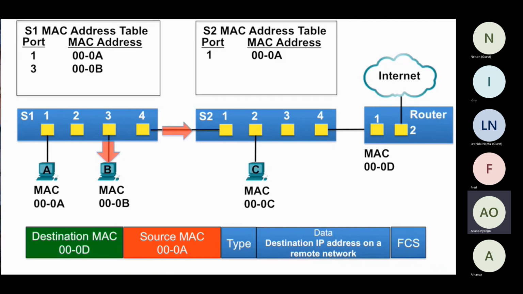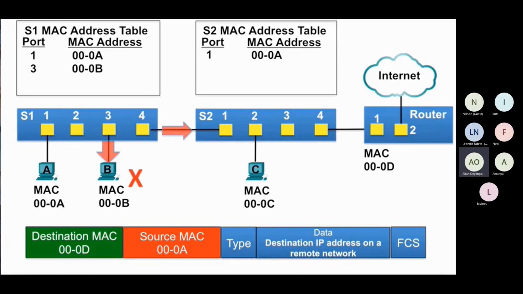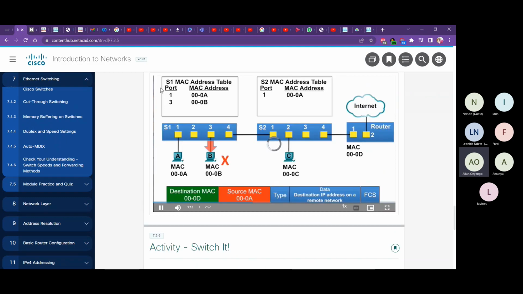PCB receives the Ethernet frame, and because the destination MAC address does not match its own, it does not accept the rest of the frame. Switch S2 receives the frame, examines the source MAC address, which is in its MAC address table, so it also refreshes the 5-minute timer. It examines the destination MAC address, which is not in its table, so it floods it out all ports.